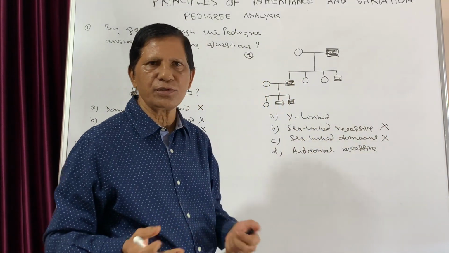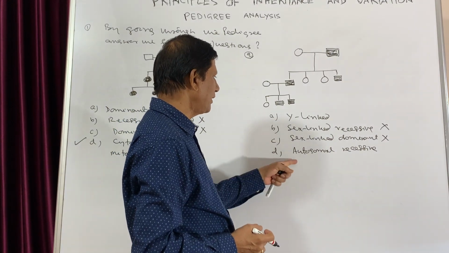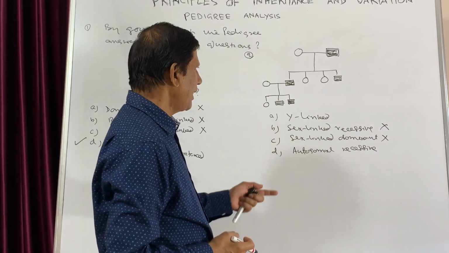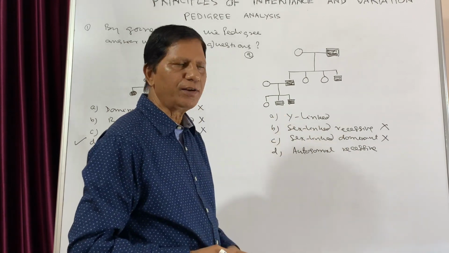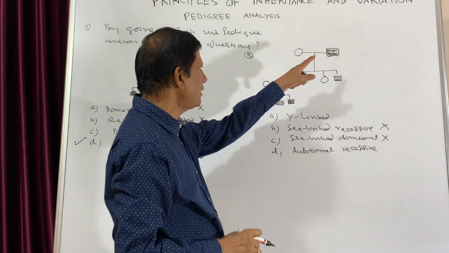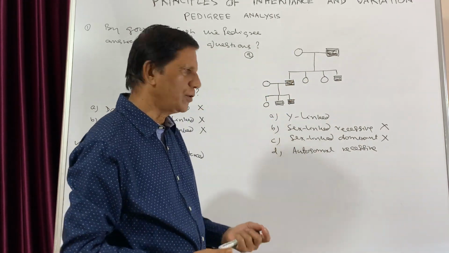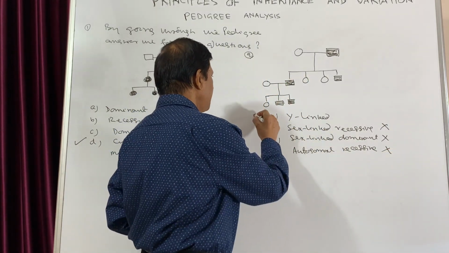So now only 2 choices are there: one is Y-linked, the other is autosomal. Now you see, this is not recessive at all, because there is no skipping. In all generations you will find these things. So this is also not. Now this is the answer.